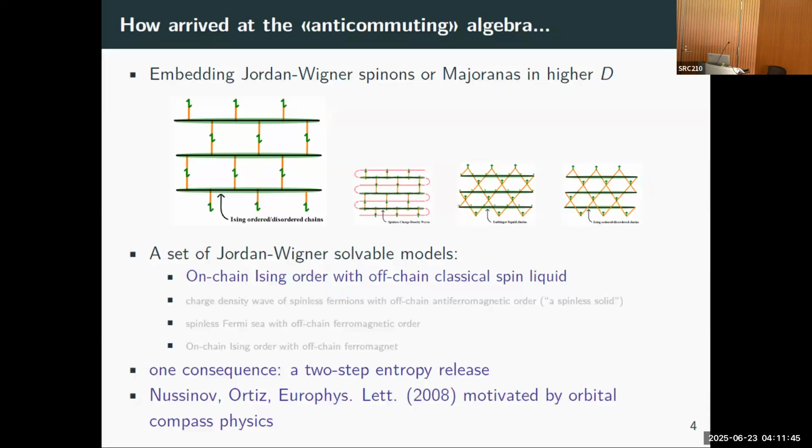One simple consequence of this is you will get a two-step entropy release in the spirit of the Kitaev spin liquid. So the entropy of these liquid-like or paramagnetic spins will be released first as you heat it up. And then you will later on release the entropy in these Ising chains if it is gapped.